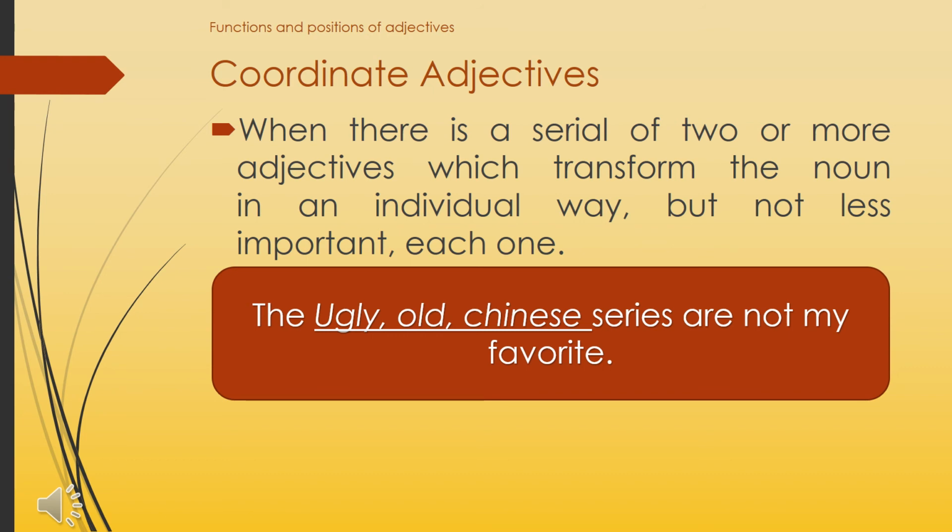Coordinate adjectives are a series of two or more adjectives that transform the noun in an individual way. Each one is important. Each one is telling a characteristic or quality of the noun, and no one is less important than the other.